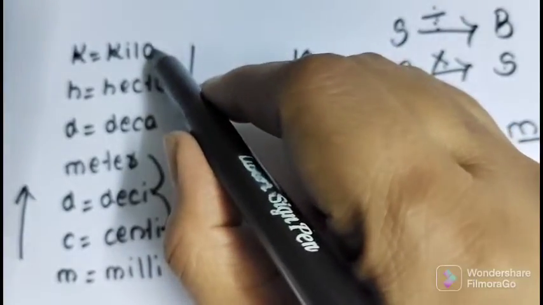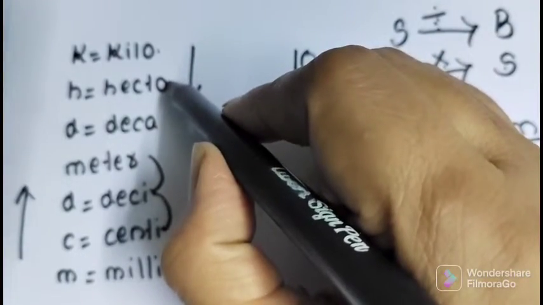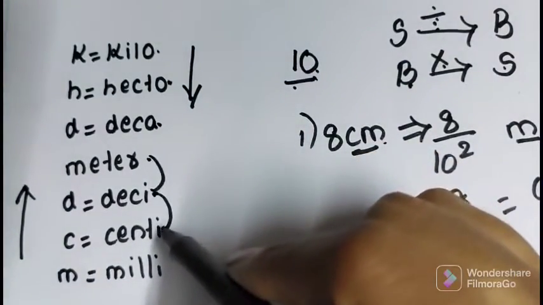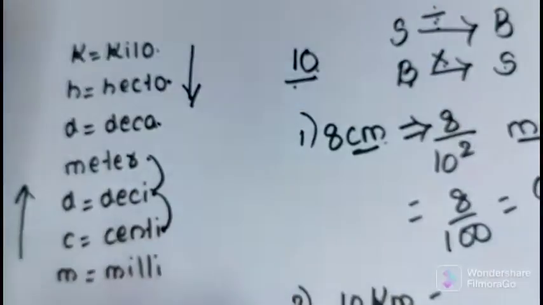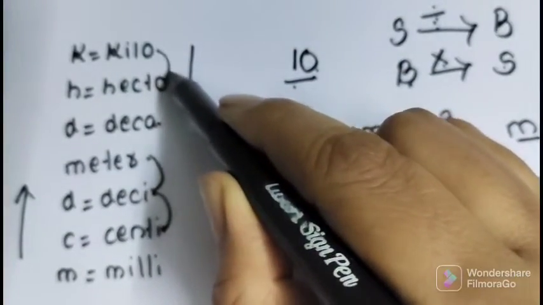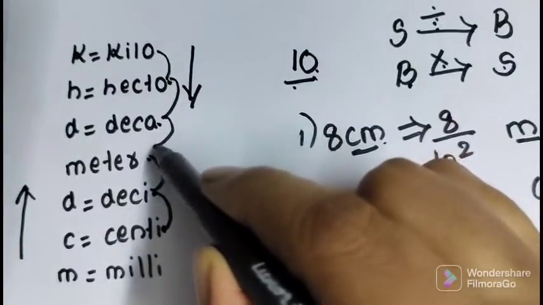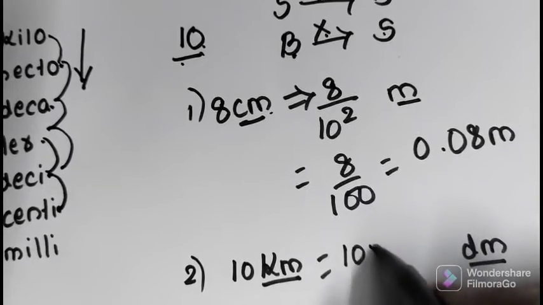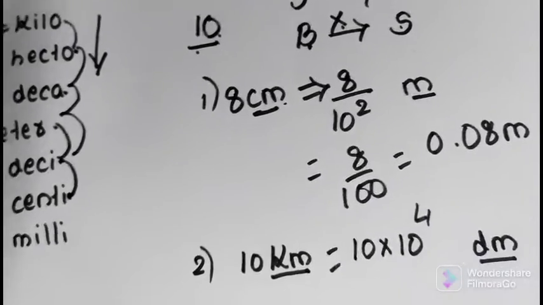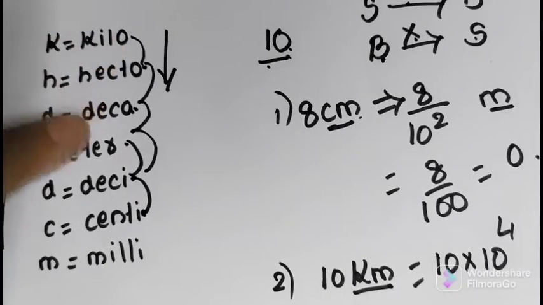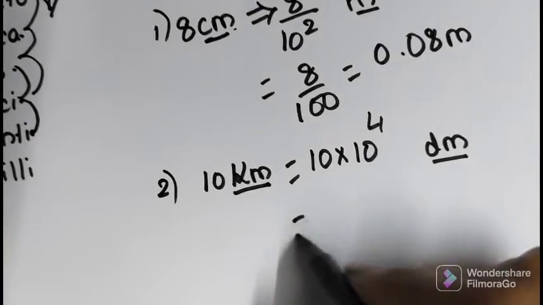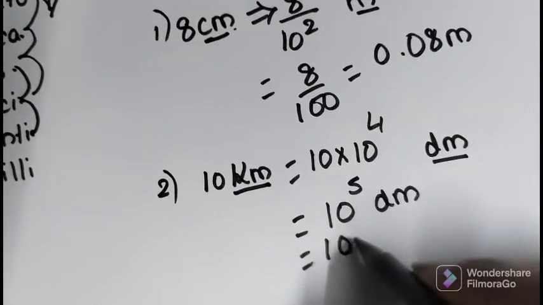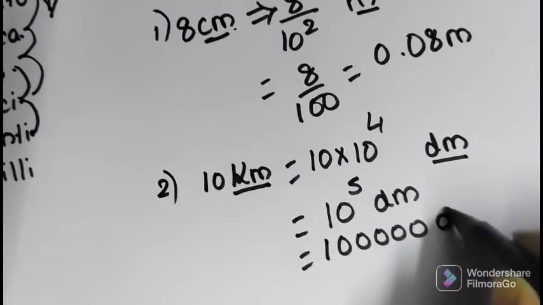Here we have kilo, so kilo to hecto is one time, 2 times, 3 times, and then deci, we should stop here, 4 times, isn't it? So we multiply by 10 raised to the power 4, which gives 10 raised to the power 5 decimeter, or you can write just 1 and 5 zeros and write decimeter.